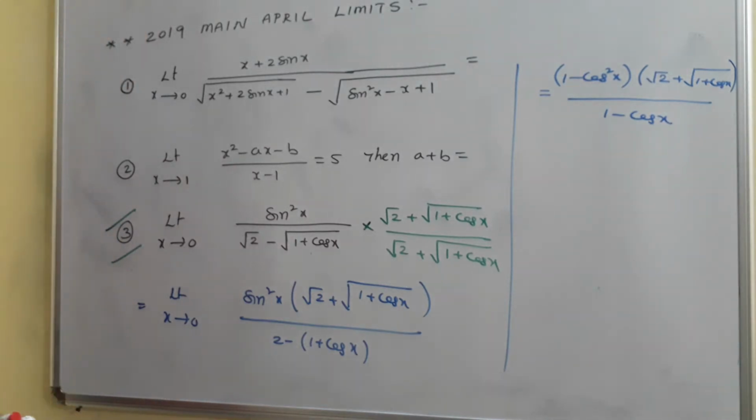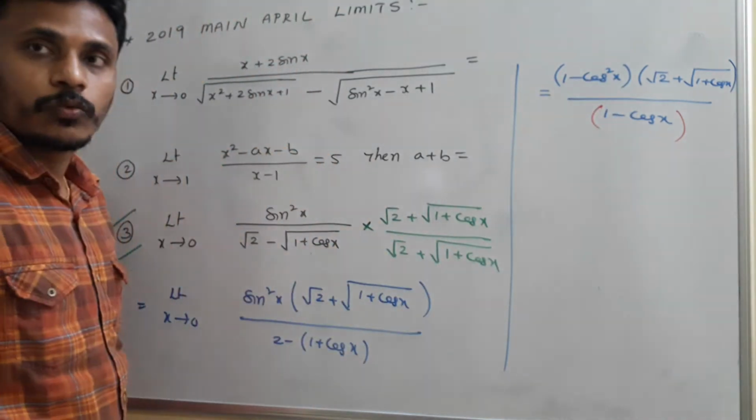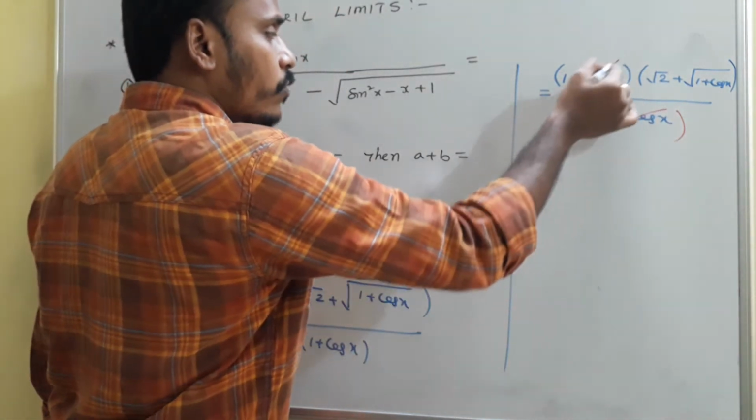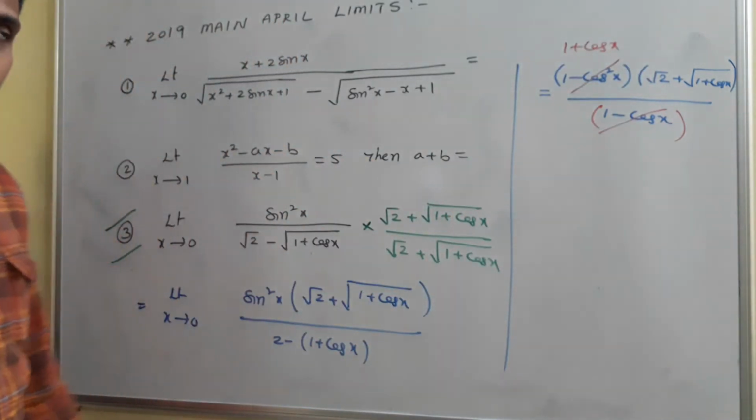Just have a look. The denominator is 1 minus cos x, whereas the numerator is 1 minus cos²x. This 1 minus cos x will divide 1 minus cos²x, leaving 1 plus cos x times.